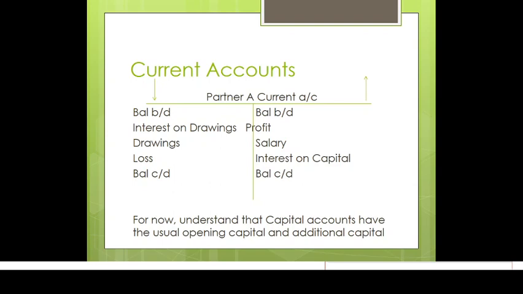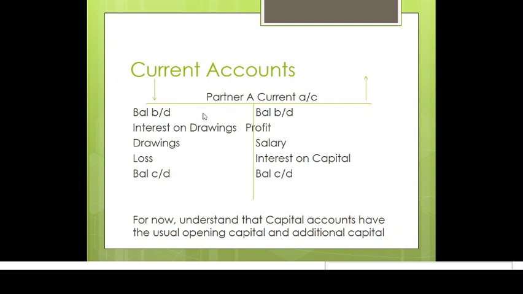So in terms of balance brought down, let's summarize. A positive balance is where the partnership owes the partner, and a negative balance is where the partner owes the business.